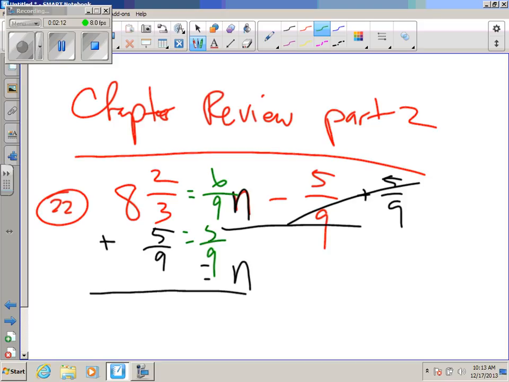That stays at a 5. 6 plus 5, 11 over 9. 8 and 11/9 becomes what? 9 2/9. See, 11 over 9 is what we call improper. We can squeeze one more whole out of that.